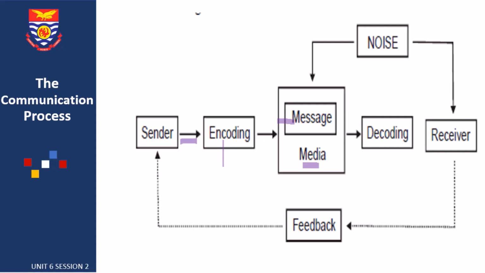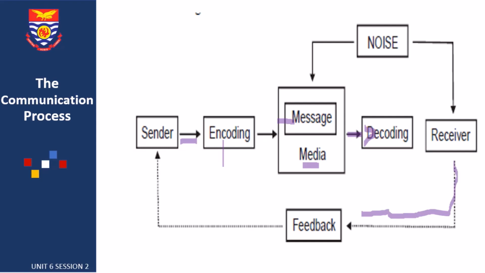After the message has been received, it is broken down or decoded to get the intended meaning for which the information was sent, that is the decoding. The receiver gets the message and sometimes sends feedback to the sender or the manufacturer.